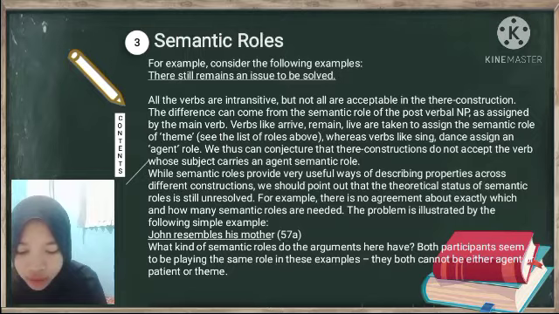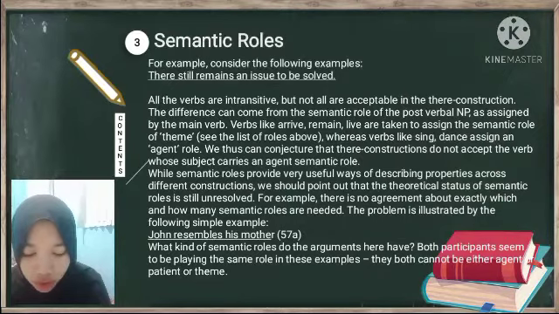The difference can come from the semantic role of the post-verbal noun phrase as assigned by the main verb. Verbs like arrive and remain assign the semantic role of theme, whereas verbs like sing and dance assign an agent role. We thus can conjecture that this construction does not accept a verb whose subject carries an agent semantic role.